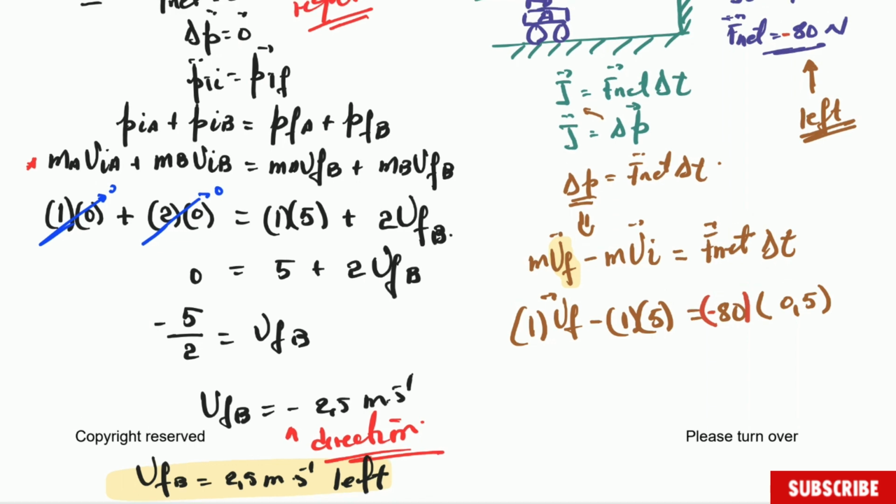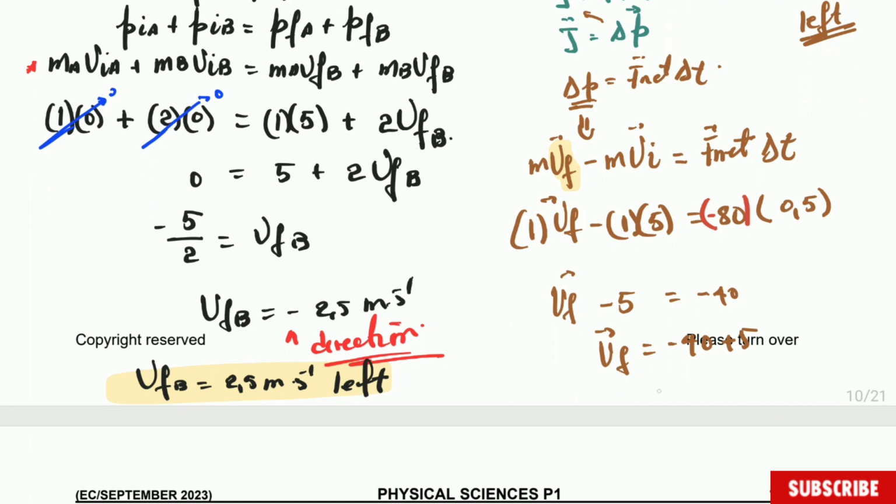Okay, so when we do this calculation, we are going to get that final velocity minus 5 is equal to minus 40. If you rearrange, you get that the final velocity is equal to minus 40 plus 5, which is minus 35 meters per second.